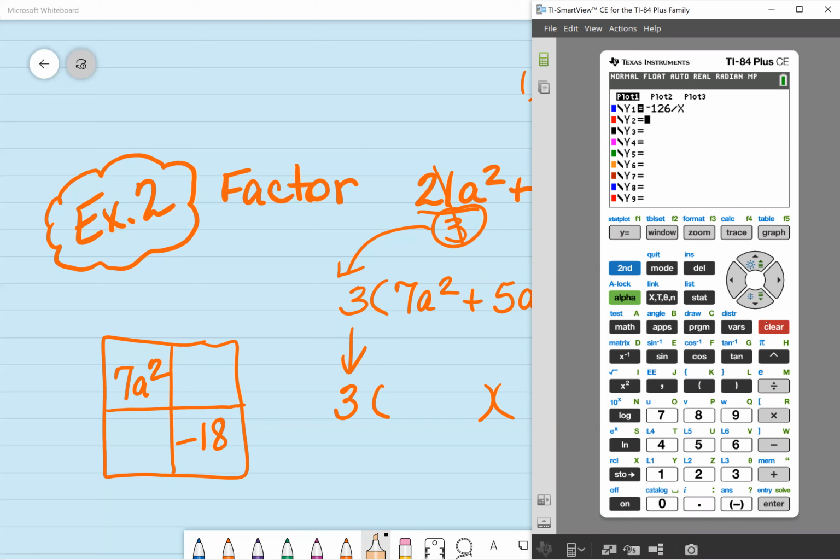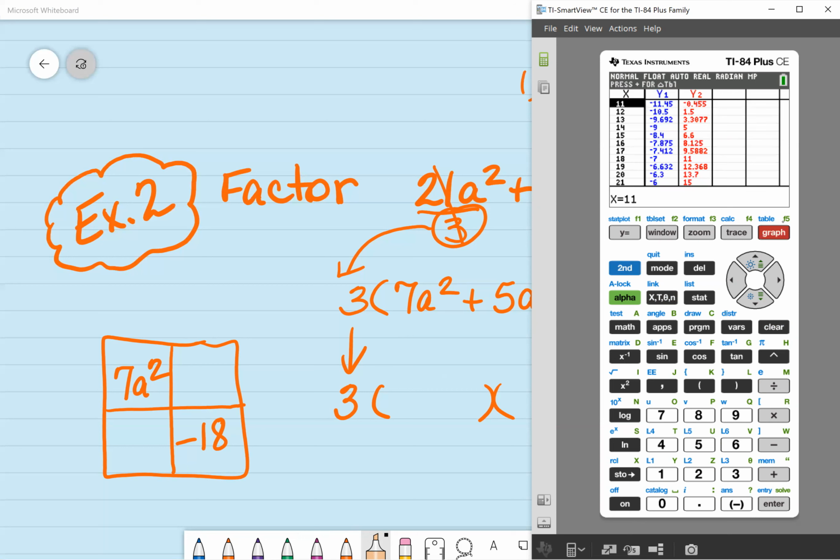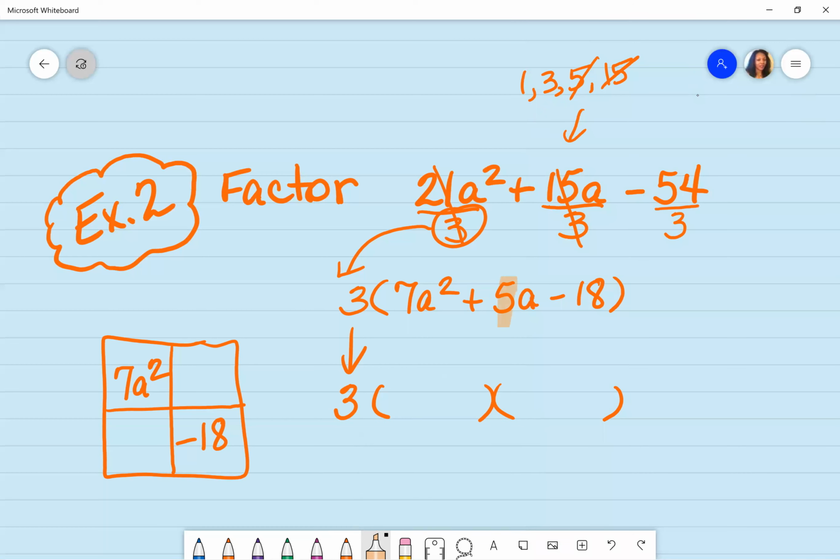So let's clear that out so we don't confuse anyone. The exact same thing that you just typed, you type again, negative 126 divided by x. But this time you have to add another x. That gives you a third column when you go to your table. So go to second table, and you're looking in the third column, the y sub 2 one. What am I looking for? I'm looking for my middle number, which is now 5. That's what I'm looking for.